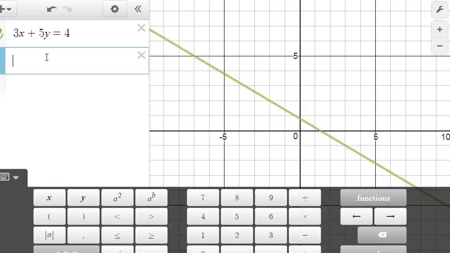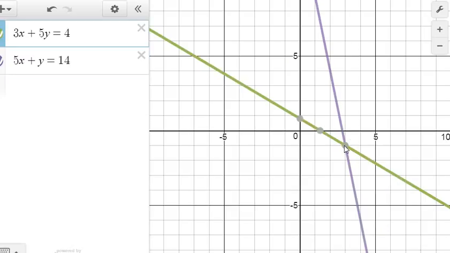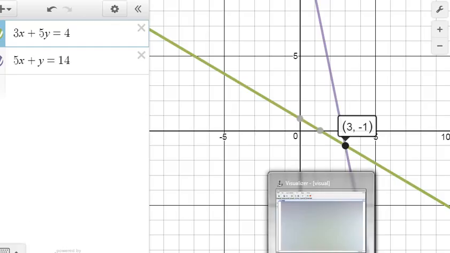Here's the second equation, 5x plus y equals 14. Perfect. 3, negative 1. Is this system of equations consistent or inconsistent? Consistent and independent. Nice.